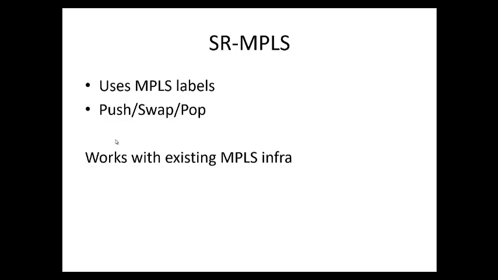Why? Because we are using the MPLS header. That is how the MPLS header gets encapsulated on every hop. Because we are using something which was there in IPv4 technology, which was there in normal MPLS.